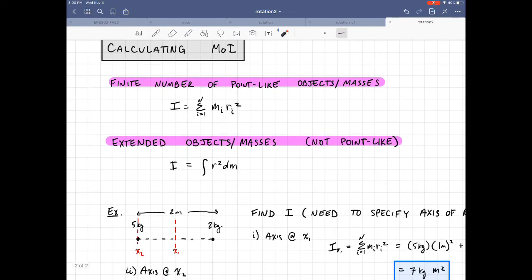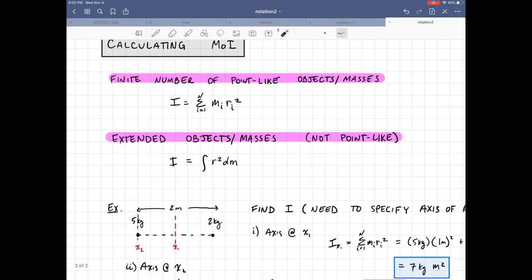Now, if your object is extended, so the mass is extended across a real object, then it's not point-like, it's not a finite number of masses, so what you need to do is integrate.